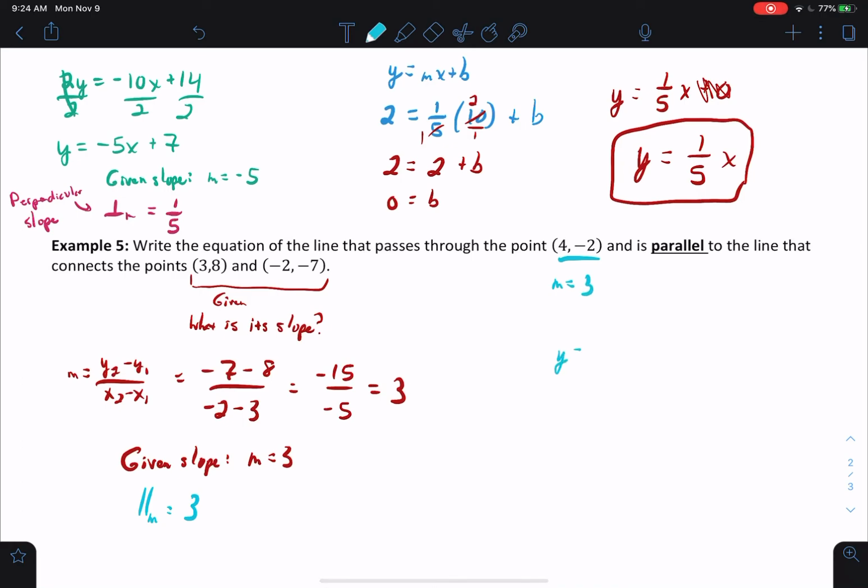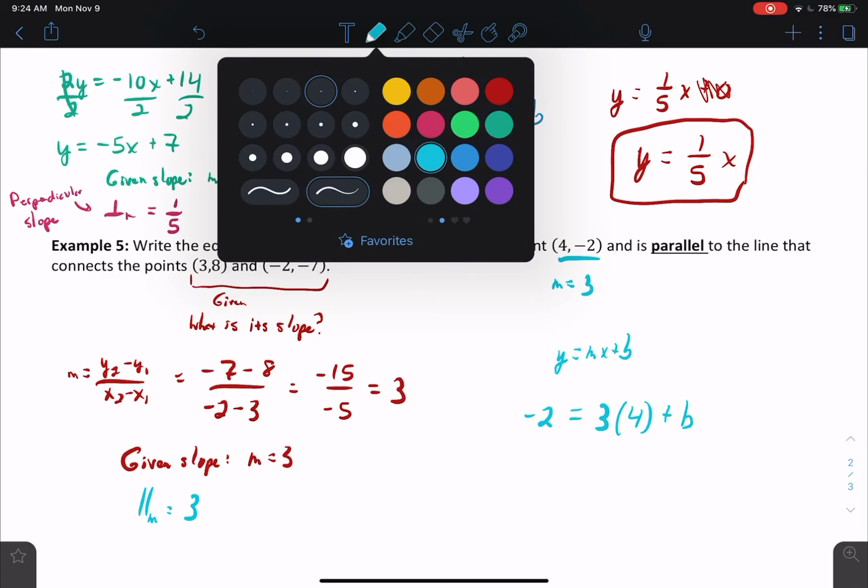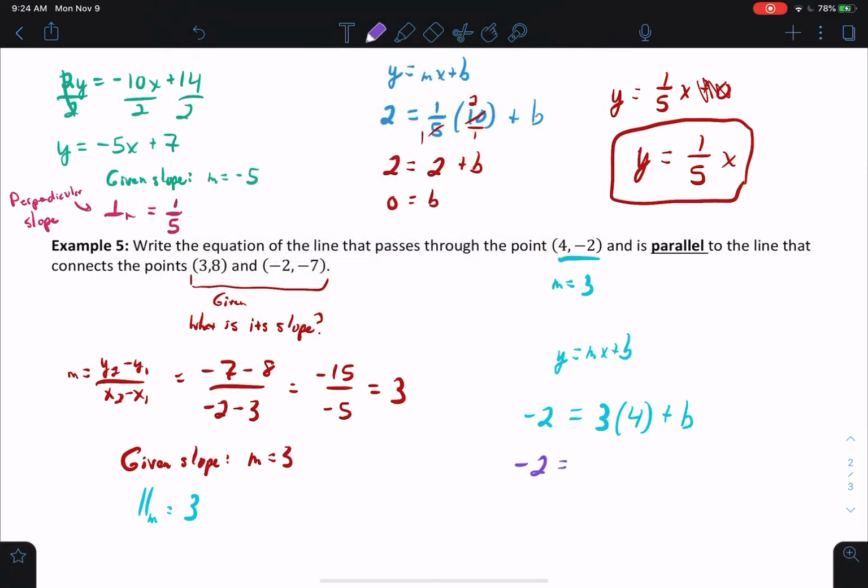So we've got y equals mx plus b. Let's plug in what we know. We know -2 is playing y. We know 3 is playing my slope. We know 4 is playing the x coordinate. We do not know the b value. If I simplify this, I get -2 equals 12 plus b.